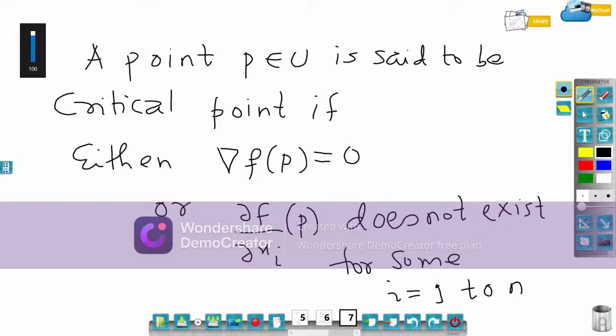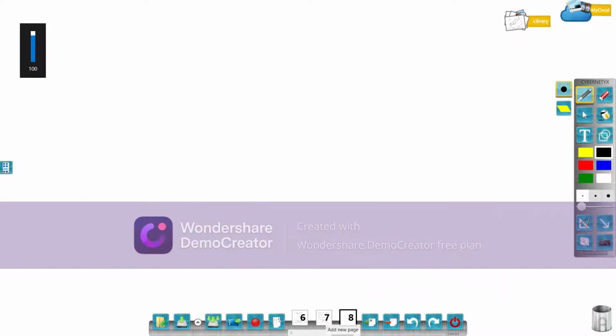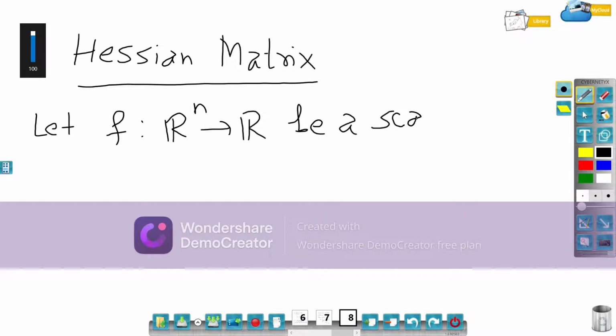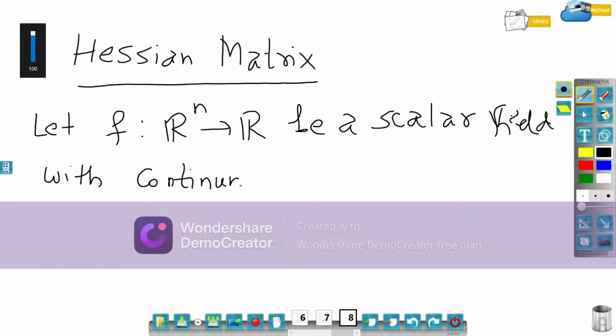Now let me define the Hessian matrix. Let f be a function from Rn to R, a scalar valued function, a scalar field with continuous second order partial derivatives.